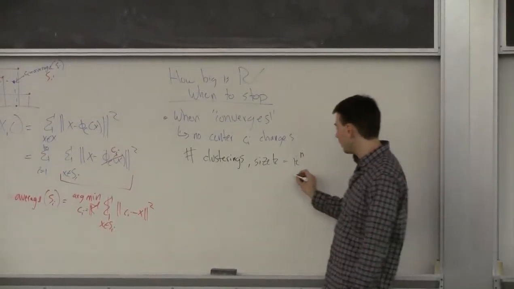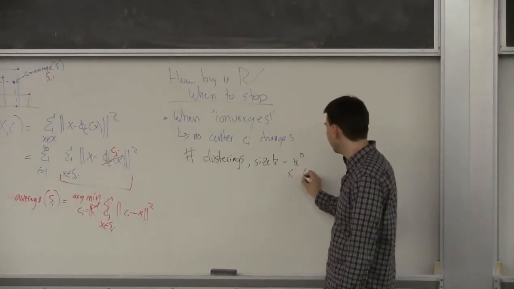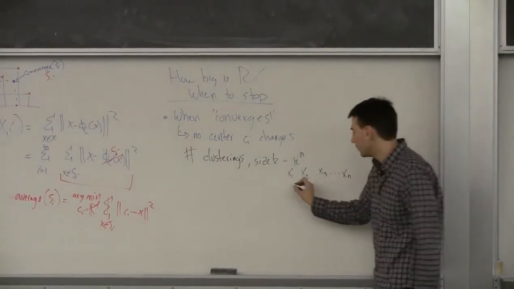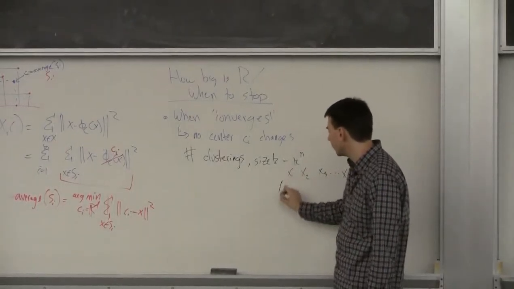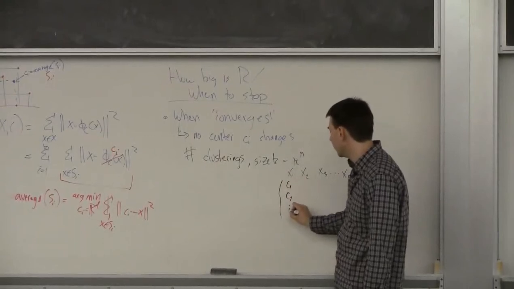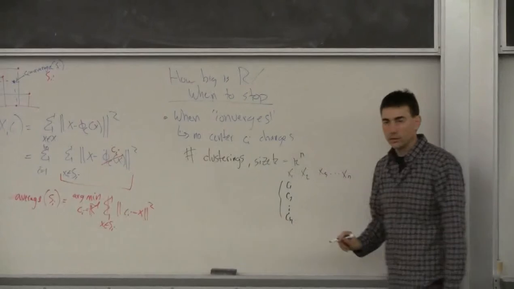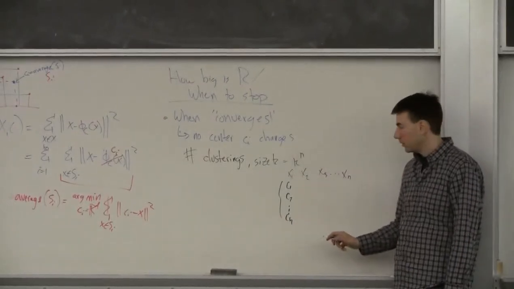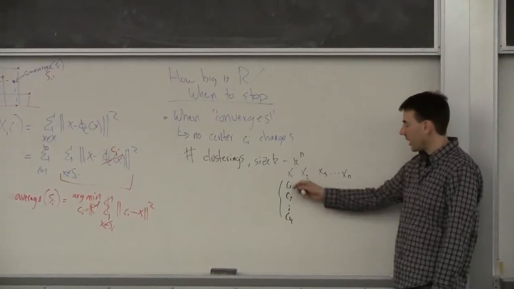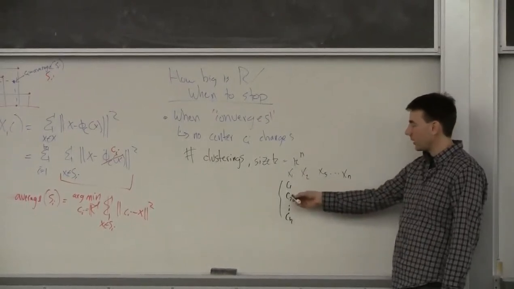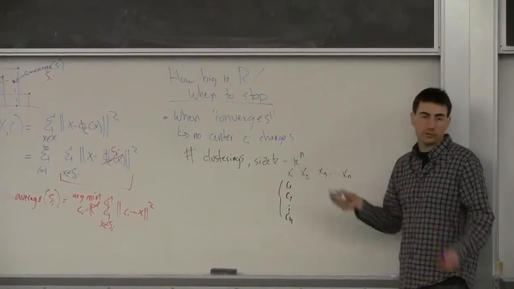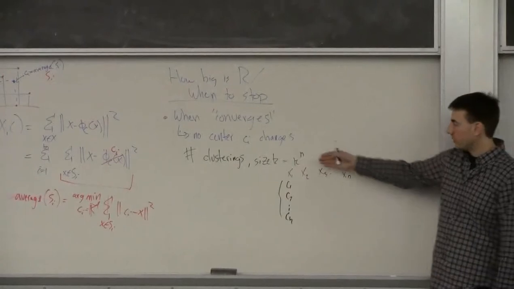If I look at points x1, x2, x3, up to xn, each can be assigned to center C1, C2, up to Ck. So I have k choices here, k choices here, k choices here. In general, I can have k times k times k times k, that's k to the n different possible choices. So there's a bounded number.